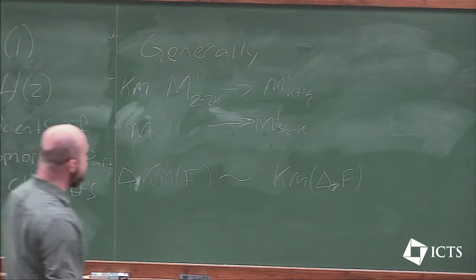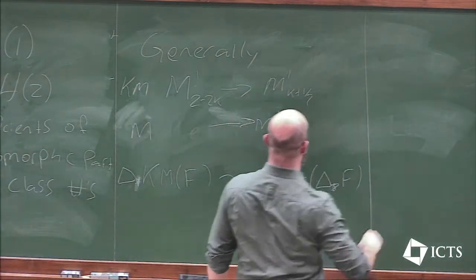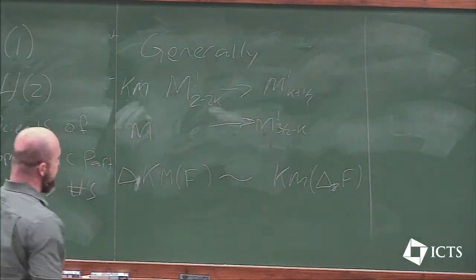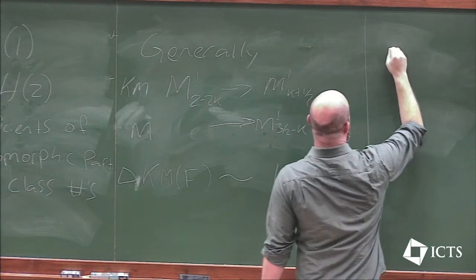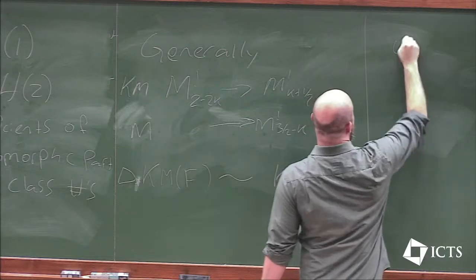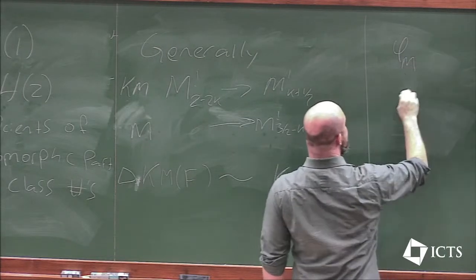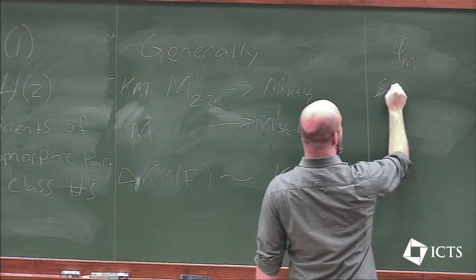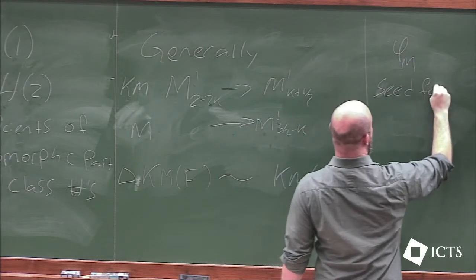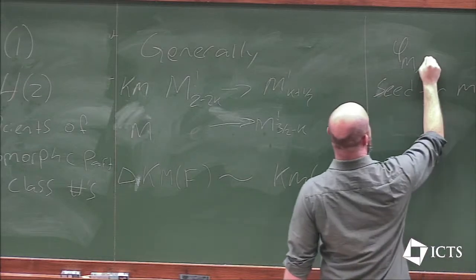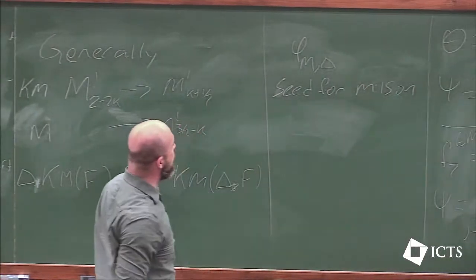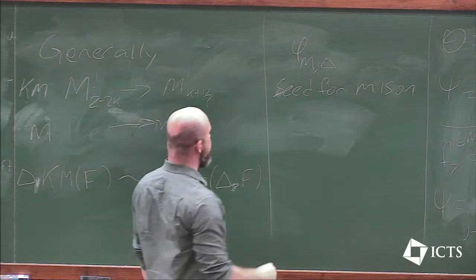Okay, now the last thing that I'm going to say here, again, to connect to our previous things: if I take the Millson map, so let's say phi sub n, this is the kernel or the seed for the Millson map. And this is, again, going to depend on our discriminant delta.